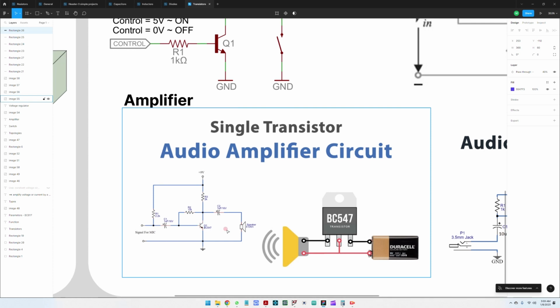This is a very simple circuit in which you have a signal from a microphone. This signal will travel through this capacitor here. As we discussed in the capacitor video, when supplied with the signal, the capacitor is a short or conducts the signal from one side to another. This then goes to a bipolar transistor, and this bipolar transistor drives the speaker here.